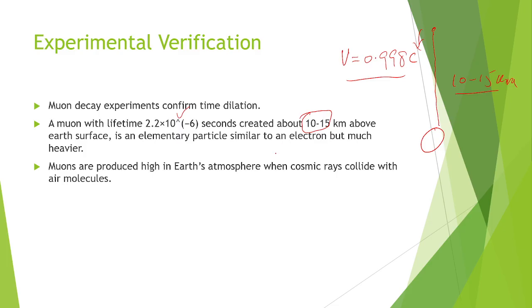Okay, classically it will cover the distance equal to, with this speed you see, 0.998 c, but c is 3×10^8 meter per second, and t naught is 2.2×10^-6.